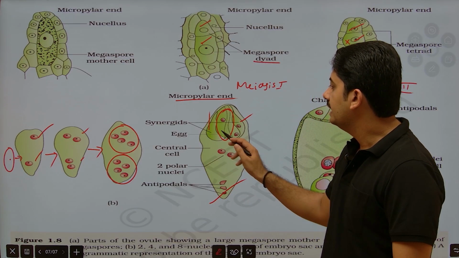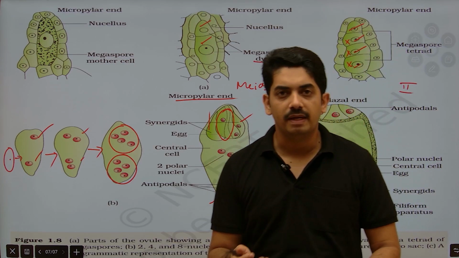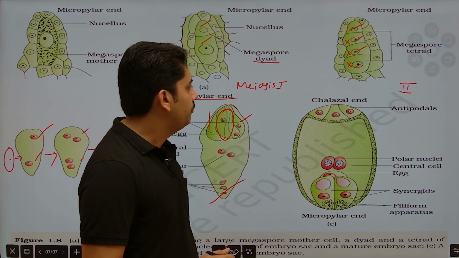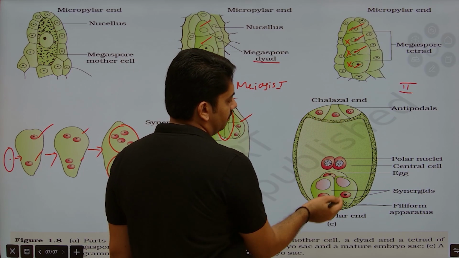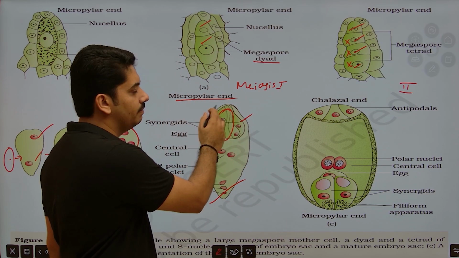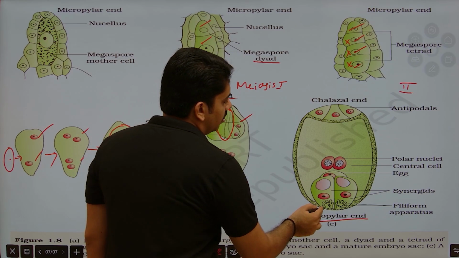These two synergids act as cells which provide nourishment to the growing egg. If you see here in the micropylar region, they just flipped it. Here they have given the micropylar region, and now here they are mentioning the micropylar region.